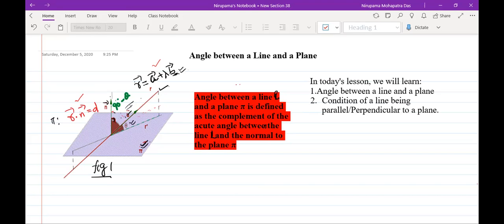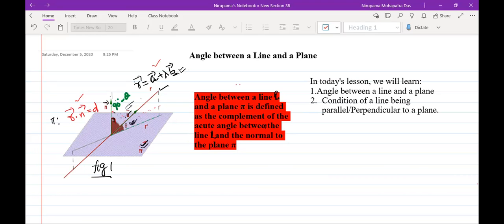So this angle is the complement, 90 minus theta, right?